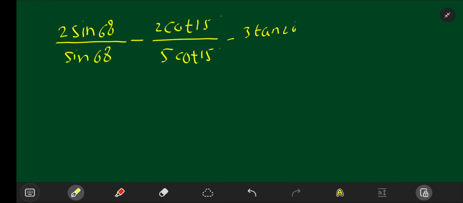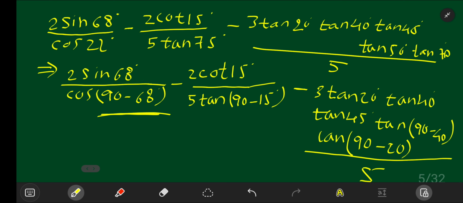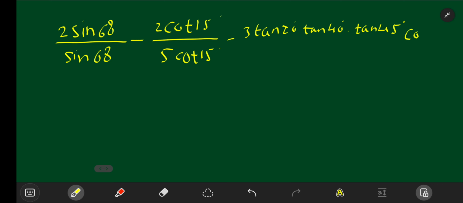degrees into tan 40 degrees into tan 45 degrees into, here, tan 90 minus 40 degrees, that is cot 40 degrees.